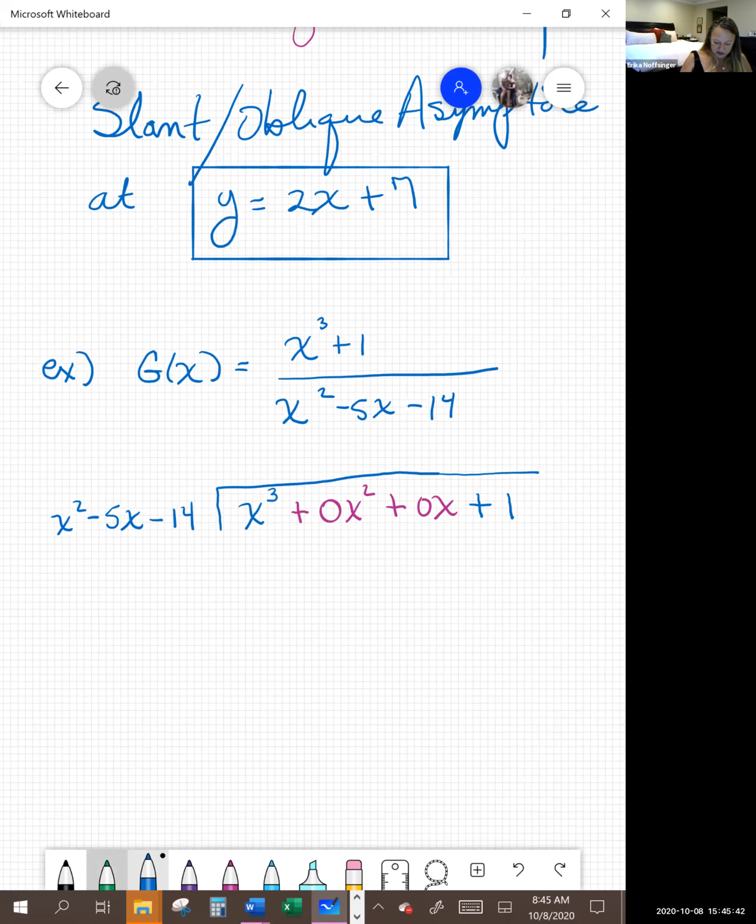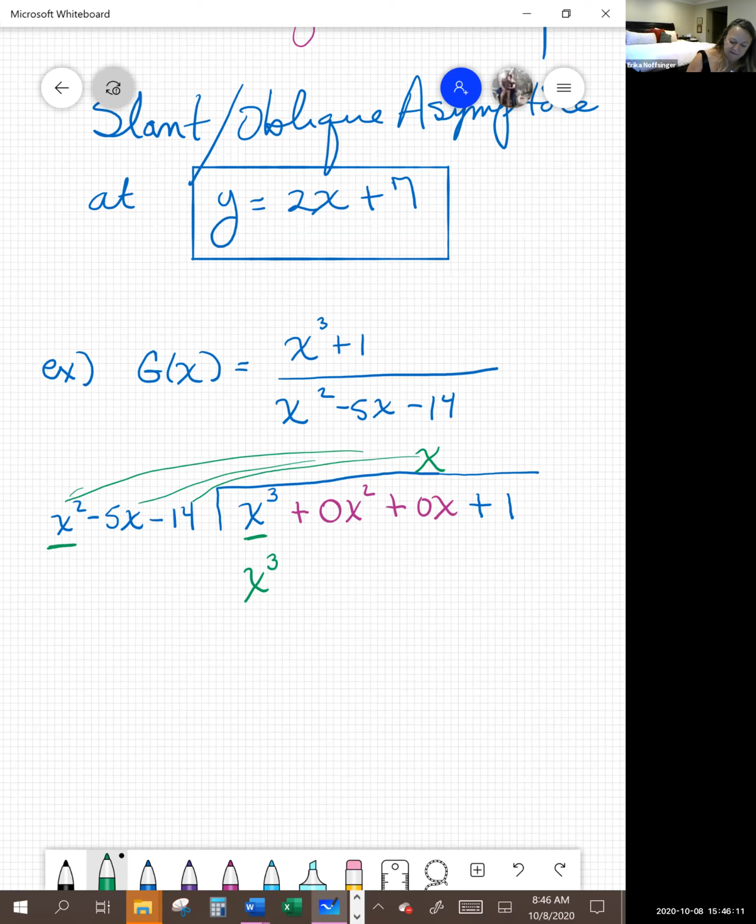So all you're doing is going to the first term x squared and looking at what do I multiply x squared by to get an x cubed. It's just a single x, right? And so distribute that x to each term and put it underneath here. So x times x squared is x cubed.